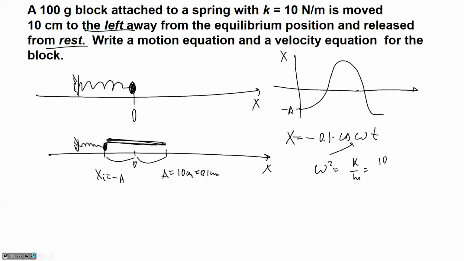The spring constant is given, and the mass is given, 100. So omega is square root of 100, 10 radians per second. The motion equation is done. And we can write the velocity equation and acceleration equation now.